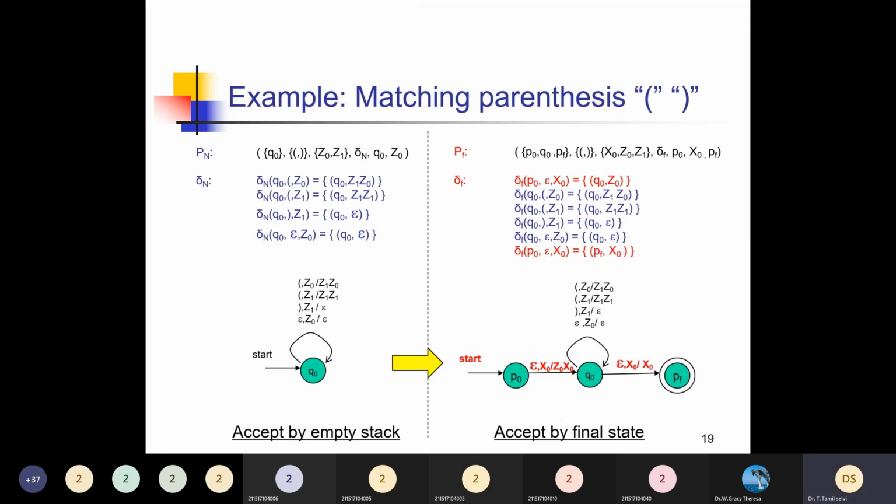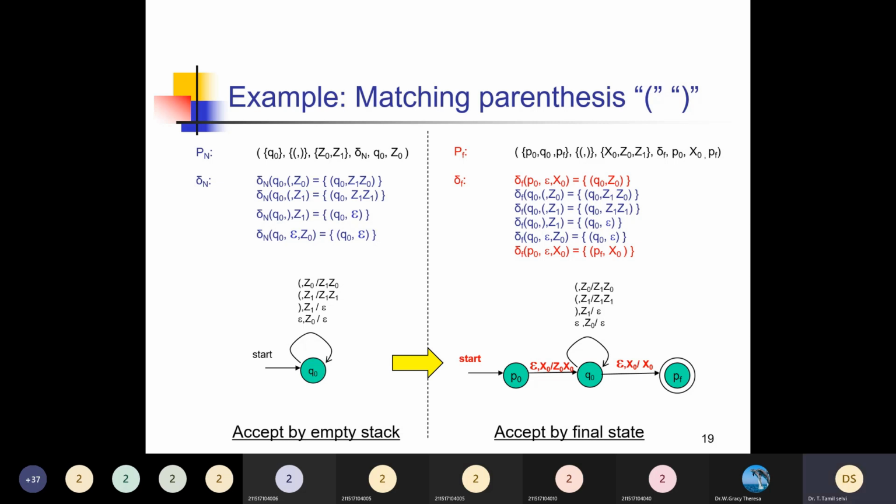Okay, and then this is the example for parenthesis matching. First, we are writing it for PN. What is PN? Let us say a PDA that accepts by empty stack. And then for the next one, we write the transition function for the final state version.